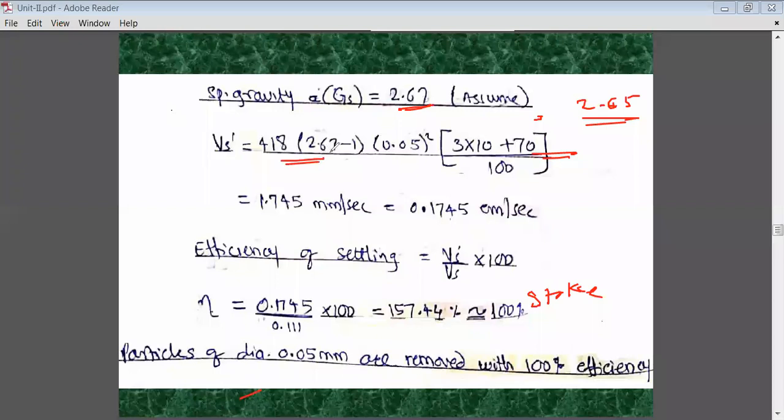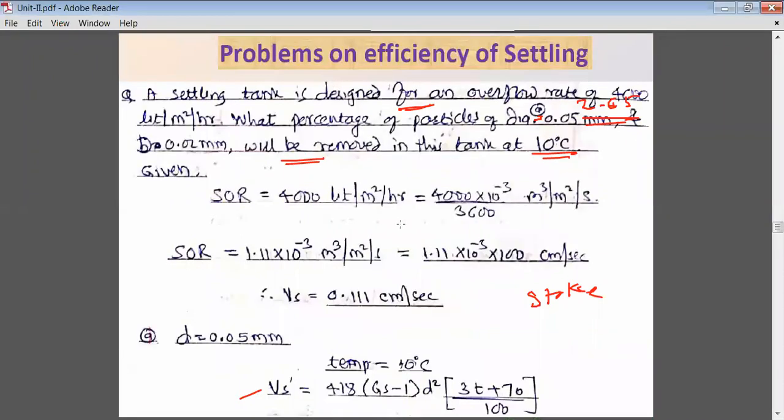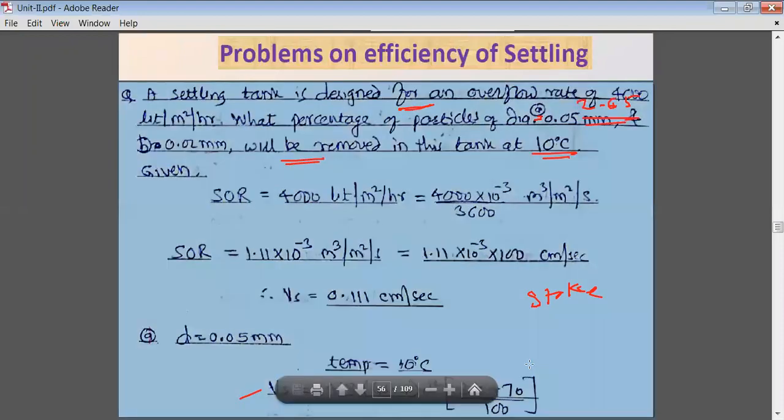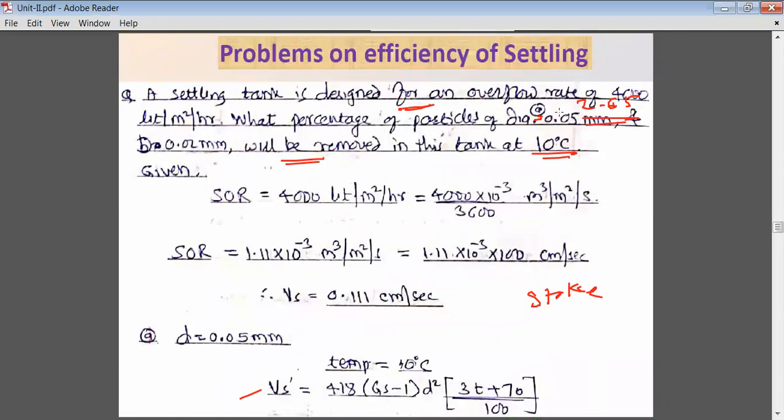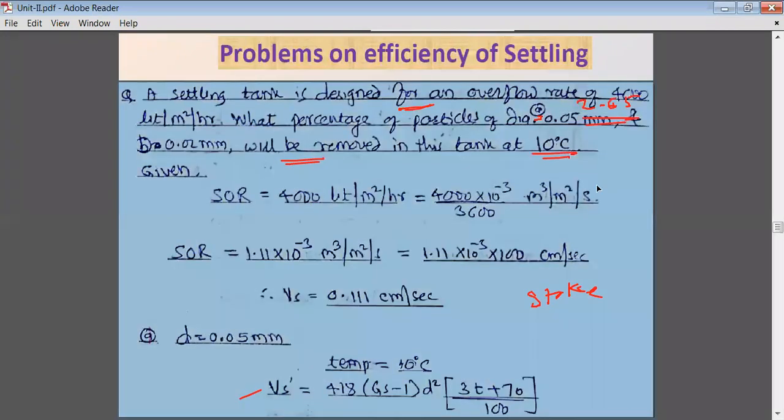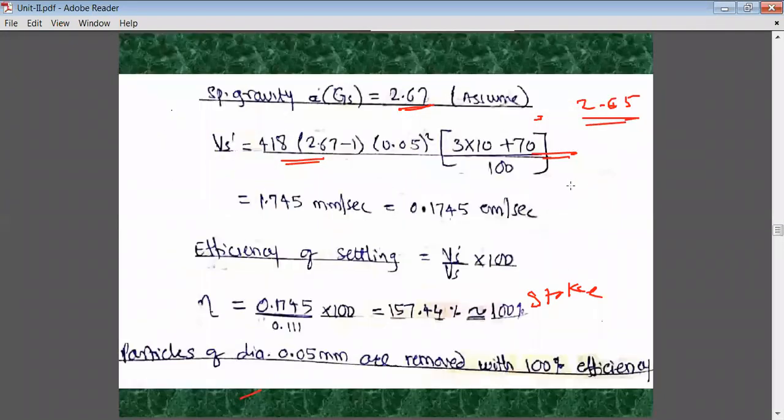Put those values in the formula and find out what is the settling velocity. Now here, while putting the value of diameter d, already it is given in mm, so it is not necessary to do any kind of conversion. Directly you can put this value as it is.